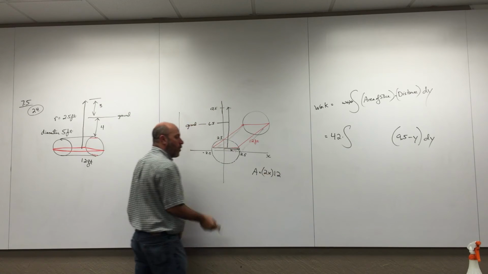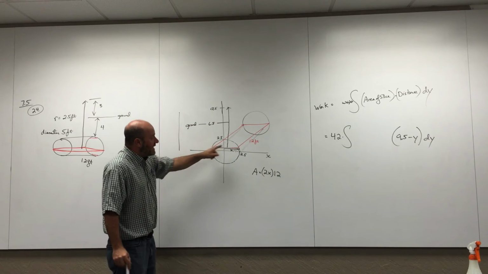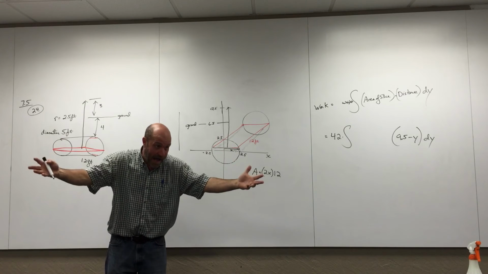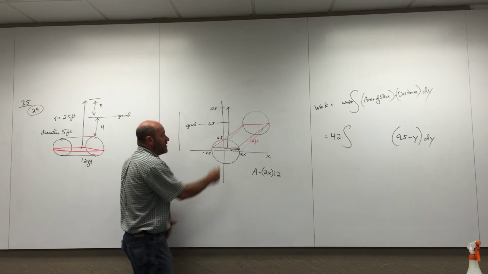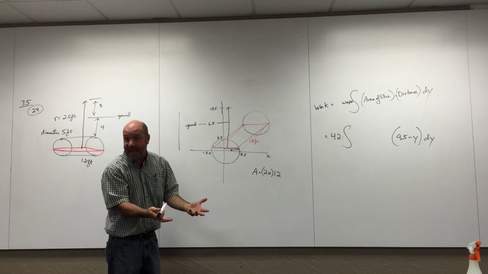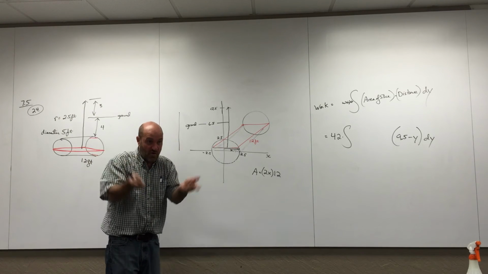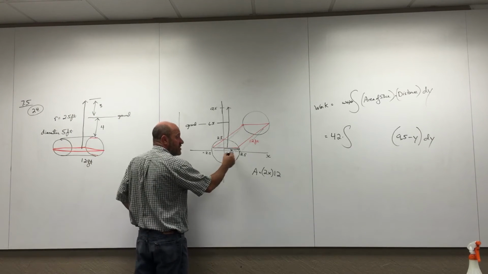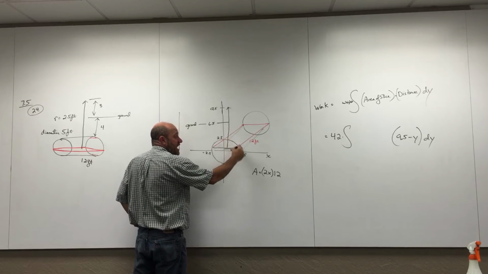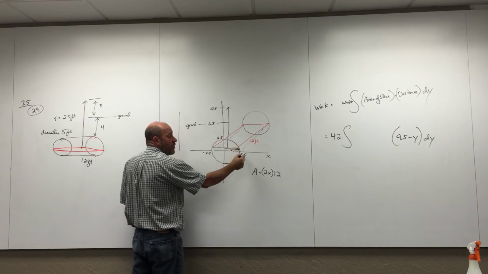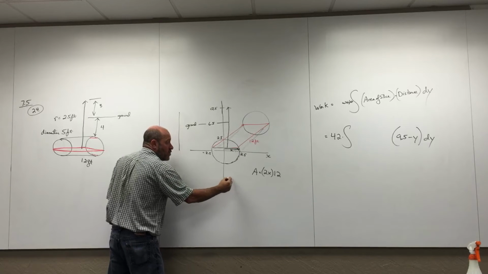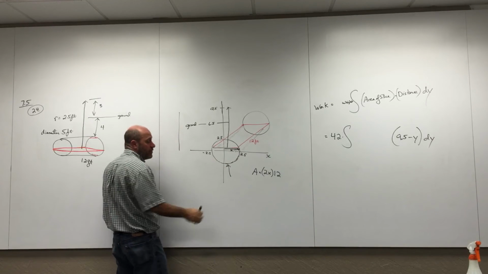But what is x? I need x in terms of y, so I need the equation of the side of this tank. We did that; we had a line the other day, we had a circle the other day. The side of this tank is a circle of radius 2.5. What is the equation of a circle of radius 2.5?